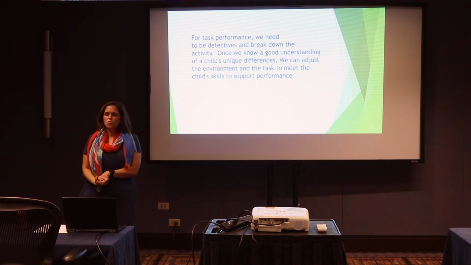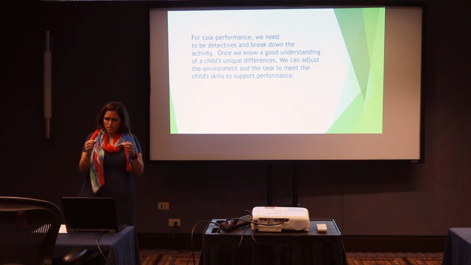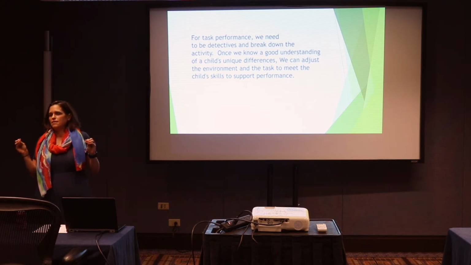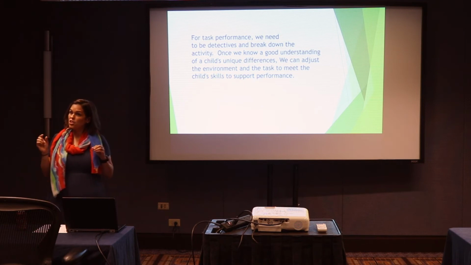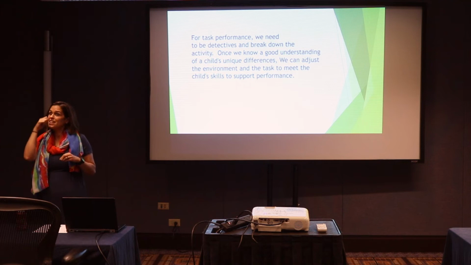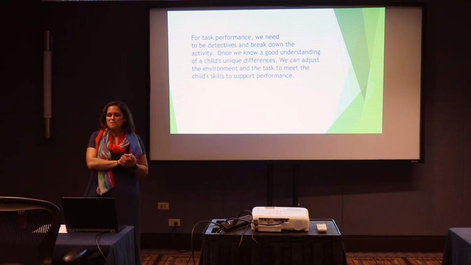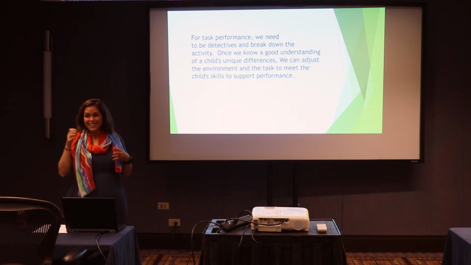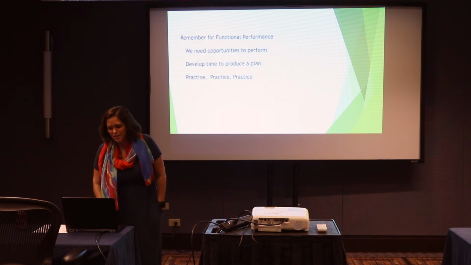Once we have a good understanding of our child's individual differences, what we want to work on, then we ask, can I modify the activity just a little bit? Can I change up the steps? Can I give support here, but they execute this part so they can start getting that motor plan going and getting the repetition? That's how we support them: okay, I got this part and I can improve my performance. And keeping it something they enjoy.